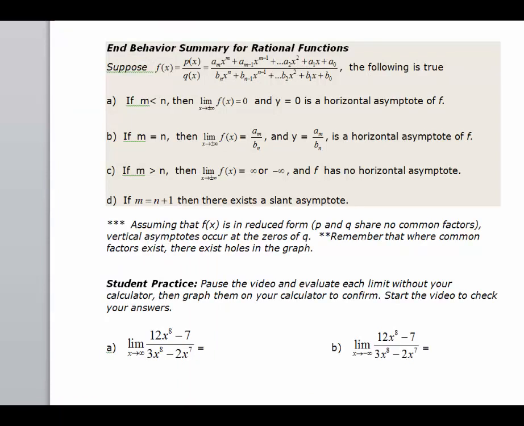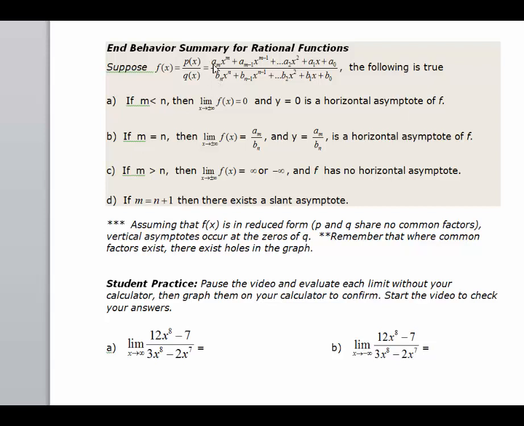So before I have you try a couple of problems, I'm just going to summarize the ideas for end behavior of rational functions. So you've got a rational function with a polynomial in the numerator and the denominator. If the power of the leading term in the numerator is less than that of the denominator, then the limit of the function as you go to positive infinity or negative infinity is 0, and y equals 0 is a horizontal asymptote.